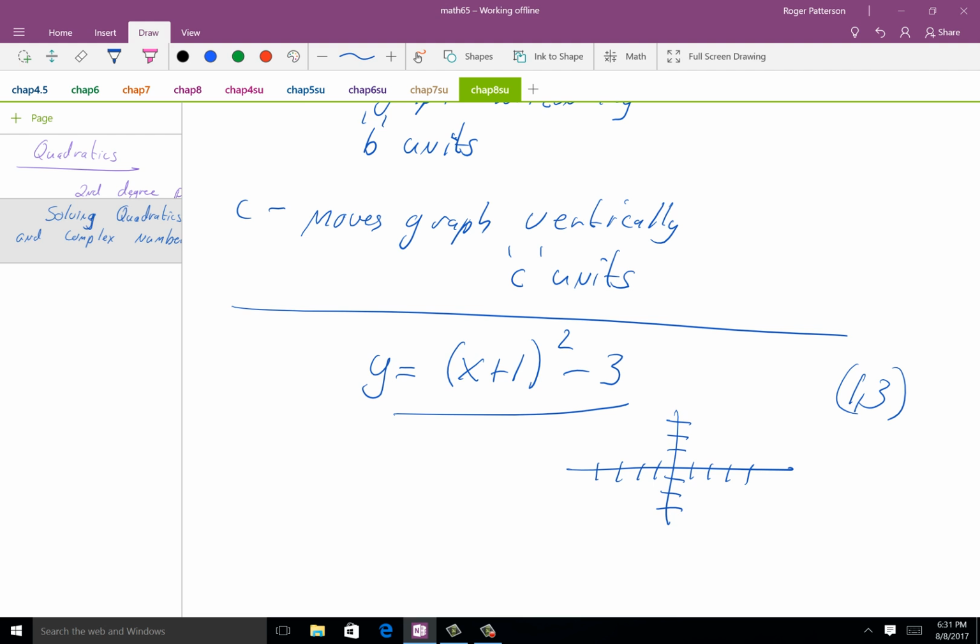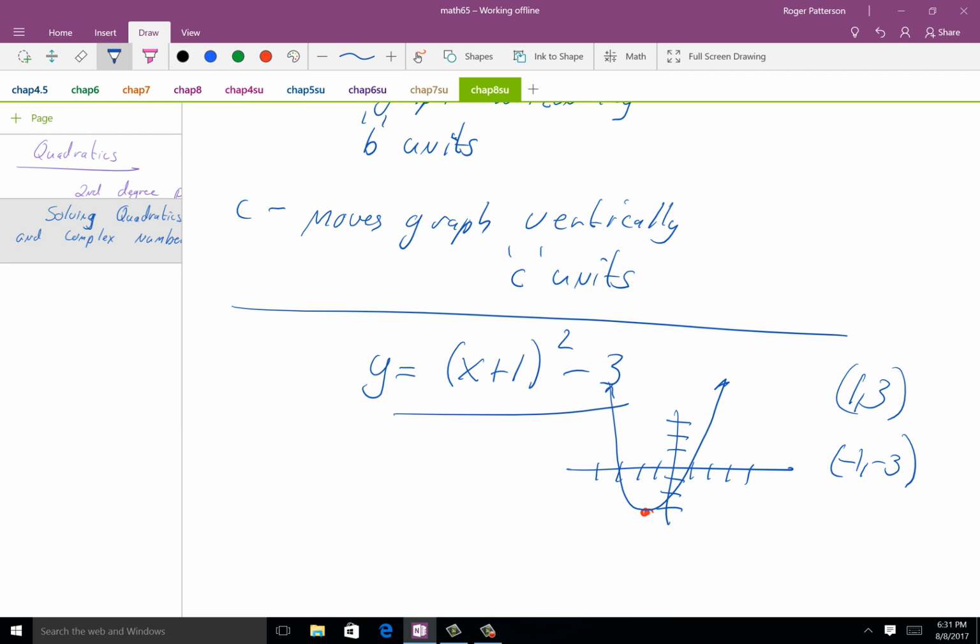Negative 1, 3, huh? Oh, negative 3, yep. So the actual vertex is negative 1, negative 3. It's down there. Which way is it opening? Up. That one we would have figured.